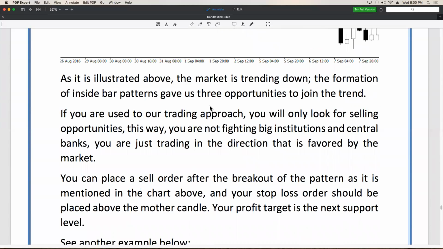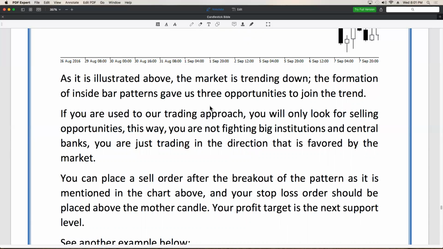Now you can place a sale order after the breakout of a pattern as it is mentioned in the chart above, and your stop loss order should be placed above the mother candle.